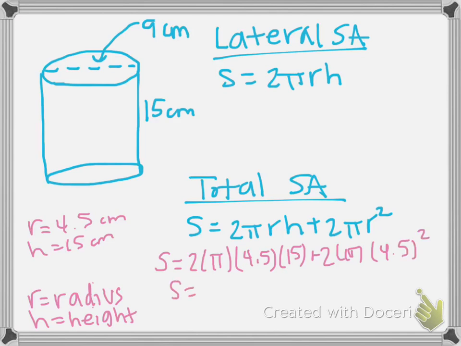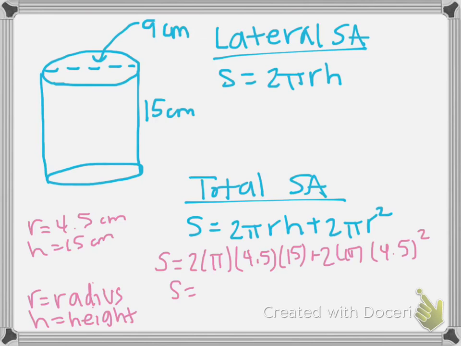Now, this is me putting it into my calculator. So go ahead and pause. If you don't have a calculator at home, you can use Desmos. So 2 times pi times 4.5 times 15 plus 2 times pi times 4.5 squared.